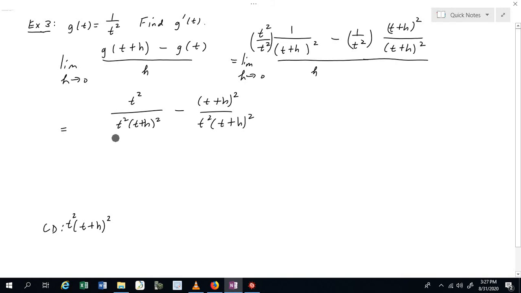And then all of that is divided by h. And then we have to find the limit of that as h goes to 0. But now that we have a common denominator, I can subtract the tops here. So you get t squared minus (t plus h) squared all over the common denominator.